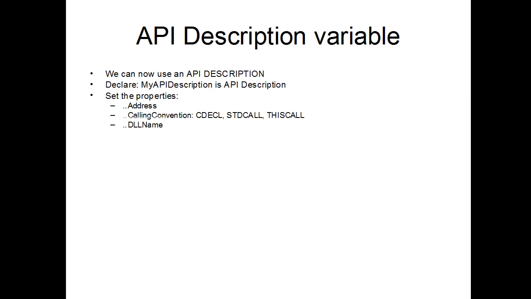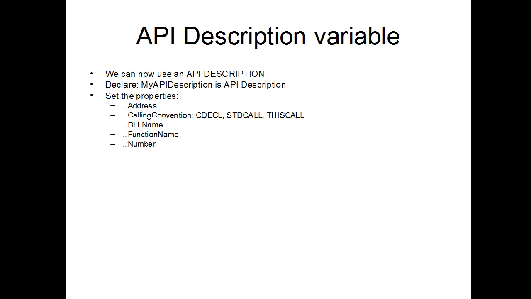Now the DLL name, if you're not calling your function by address in memory, then you need to set the DLL name the same way that we were setting the DLL name as the first parameter of the API syntax. It's really matching the other syntax. The function name, same thing. If you're calling your DLL the same way as before with the function name, that's where you put it.